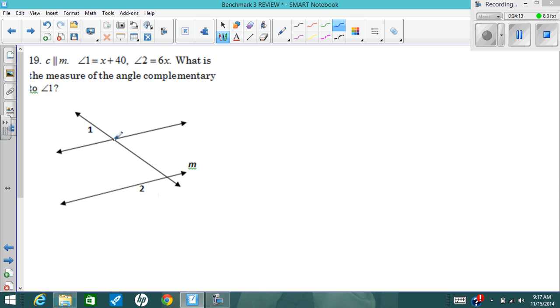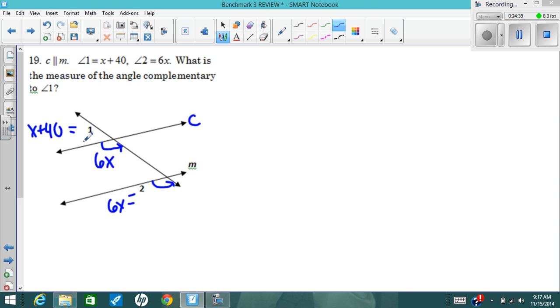Here again, I know that C and M are parallel, and we're missing a label here. That's line C. Angle 1 is x plus 40. Angle 2 is 6x. These aren't a special angle pair, but I do know that this angle 2 and this angle here are corresponding, so they are the same, so that is 6x.